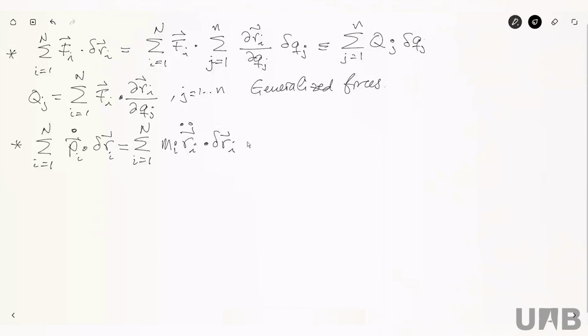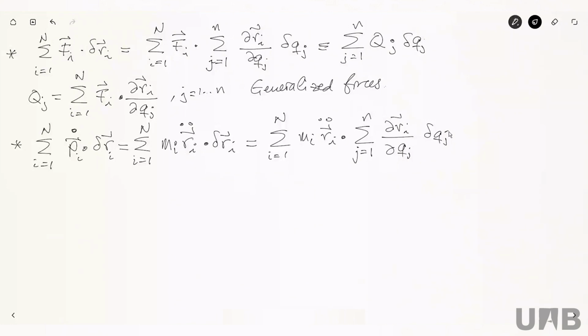Now this is the sum from i equals 1 up to n of mi ri double dot, that's the acceleration, times the virtual displacement that I just computed in the previous slide. So that's the sum from j equals 1 up to little n of the derivative of ri with respect to qj delta qj. Okay?